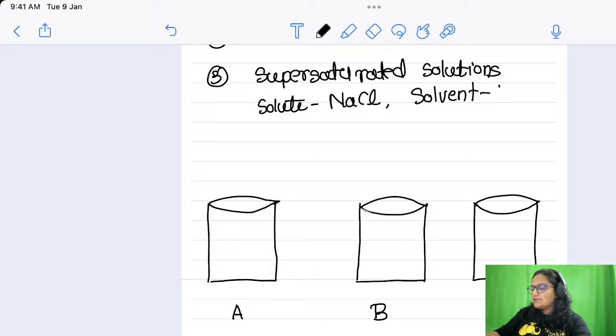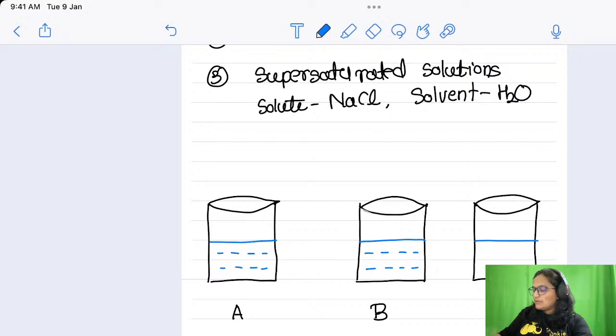Now here I am going to keep the amount of water fixed. In all of them I am going to keep the amount of water fixed. So this is the level of water in all of them, it's constant. The same amount of water I am going to take in all of them. The quantity of solvent I am keeping fixed, right?